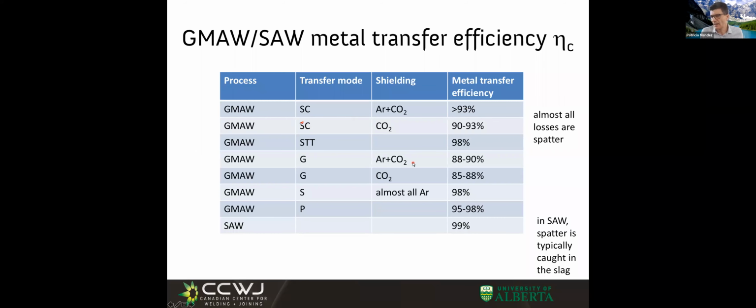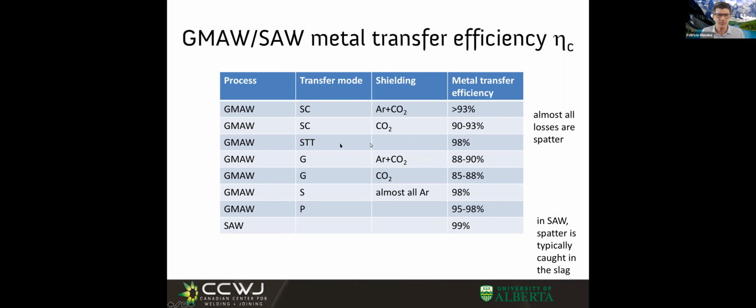And this data, I believe, comes from Lincoln, and I will share with you data also from ESA. Short circuit with pure CO2, you would have a little bit lower efficiency, which means higher spatter. And there's no other type of loss in MIG because it's solid wire. We don't need to worry about slags.